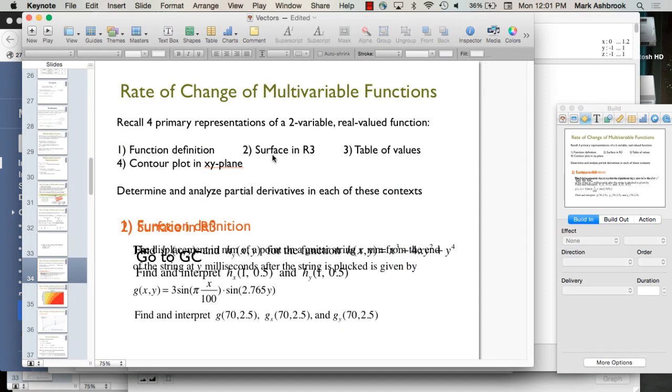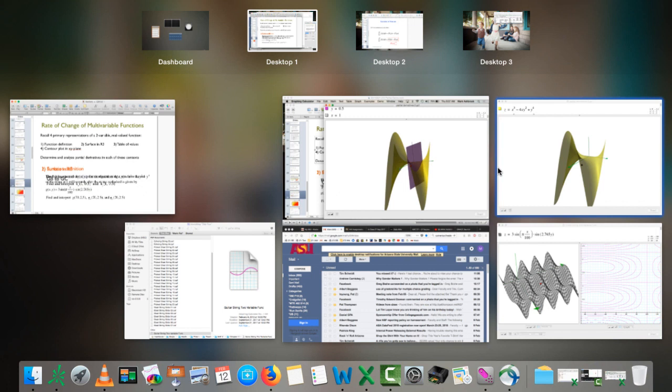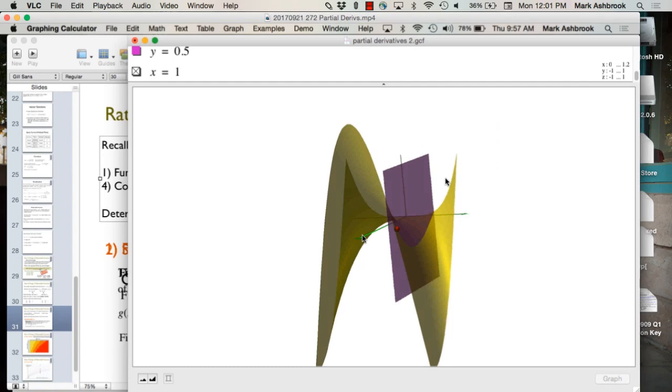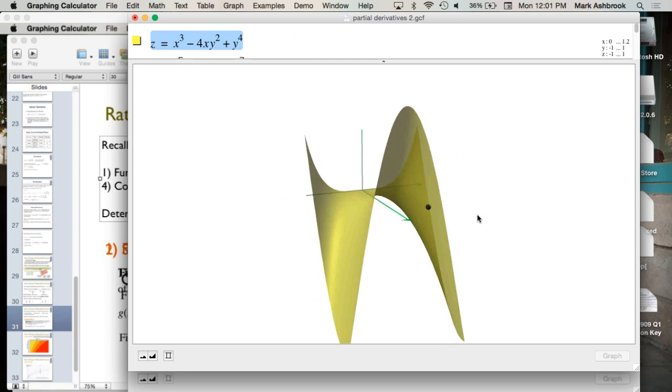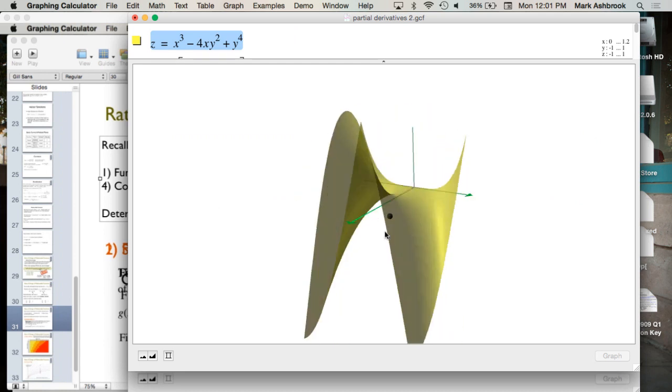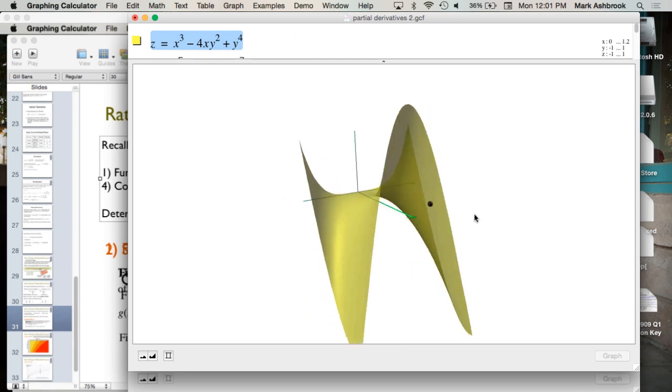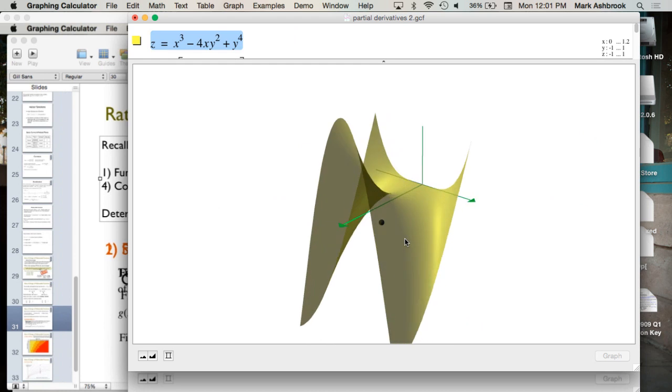And then, in terms of function definition and a surface in R3, maybe we remember we did this one. We looked at what it would mean for a surface to think about the partial derivative. Well, fixing the x value. Suppose we fix x equals 1.